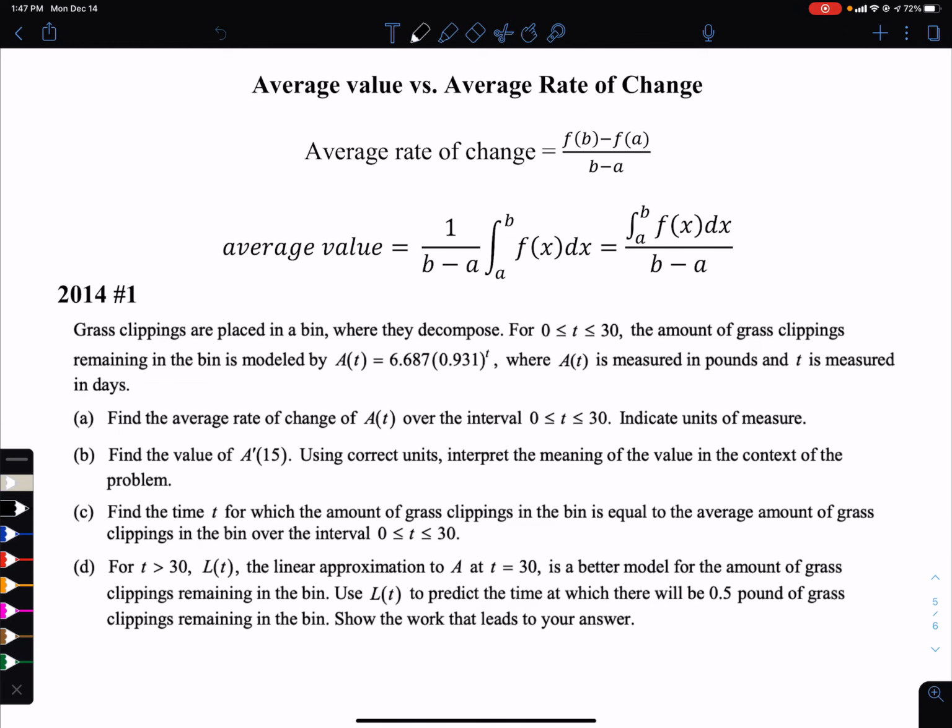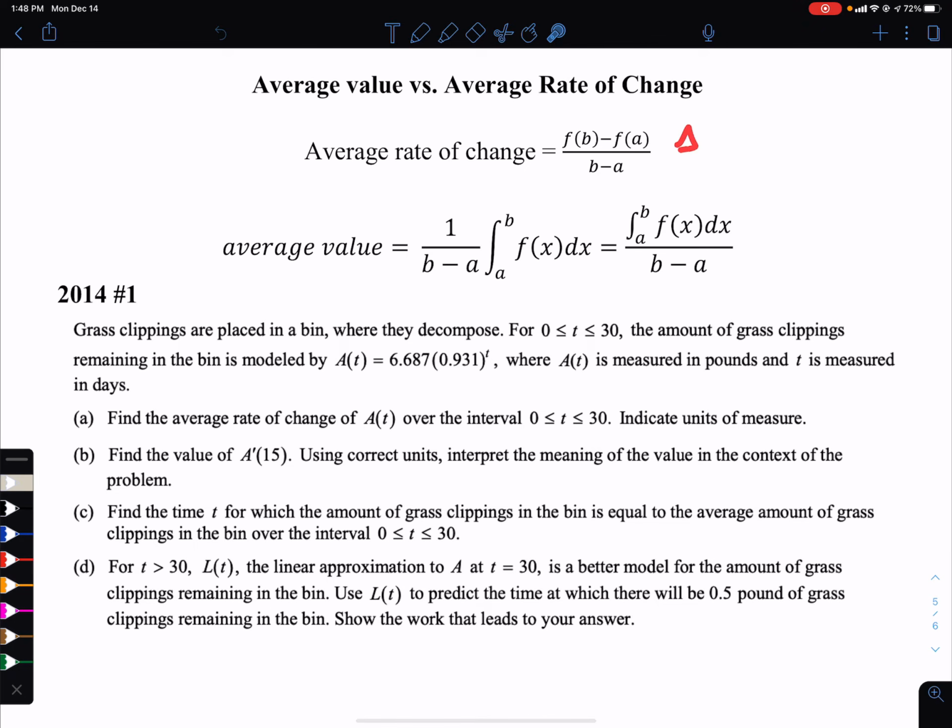So we need to be careful because every year people get confused between average value and average rate of change. And I think the reason that happens is because both these contain average and they don't distinguish what it means. So average value versus average rate of change. Rate of change is you're comparing two things, the rate of something.